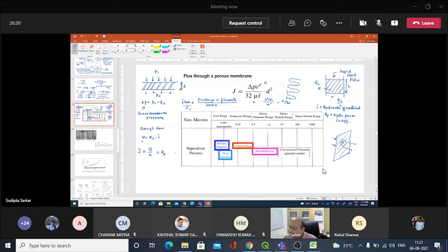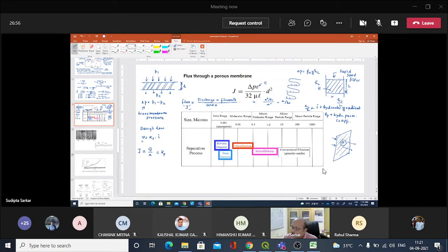Delta P is again, as we say here, nothing but equal to rho W G into HL. As you know, this is the head loss here. So we can write I equals HL by L, okay, and the head loss is given by this.